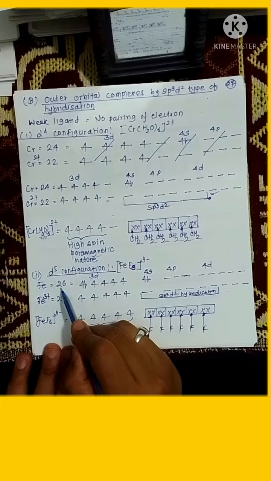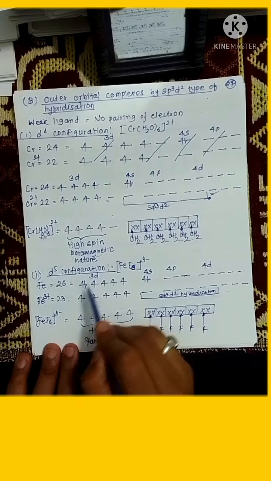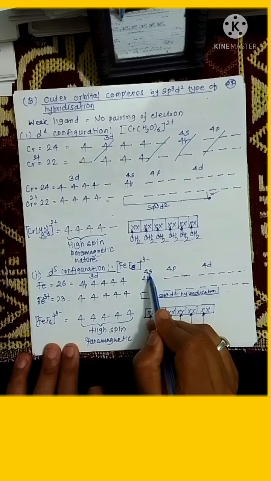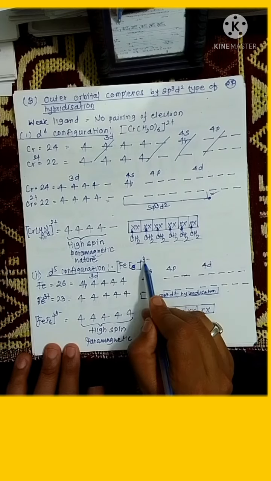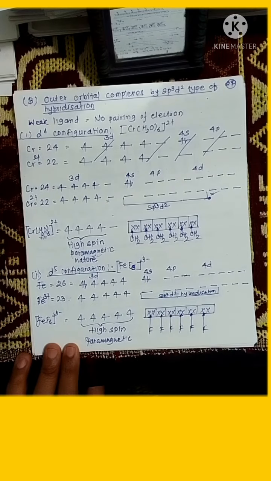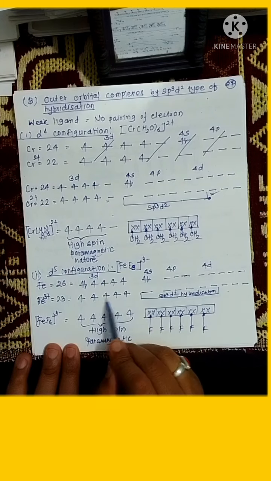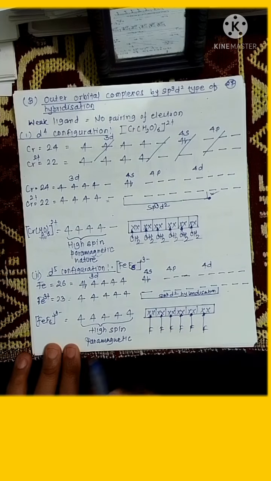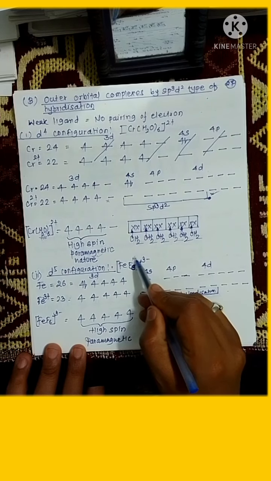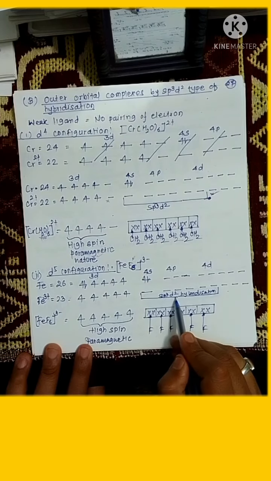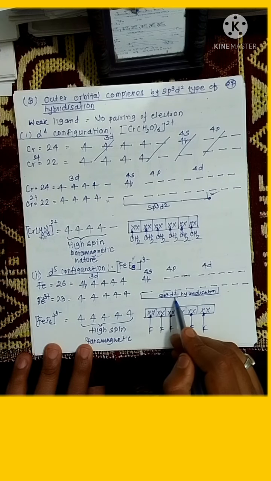The electronic configuration of iron, which has atomic number 26, is written as 3d6 4s2. In this complex, iron is present in the 3 plus state. So the electronic configuration for iron 3 plus is written as 3d5 4s0. Since halides are weak ligands, the hybridization should be sp3d2.